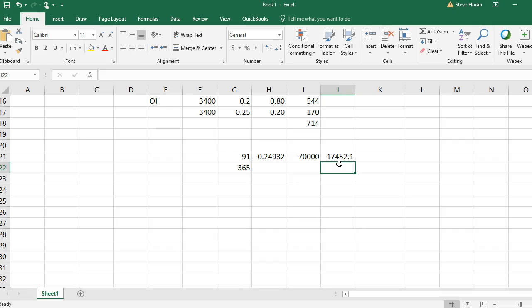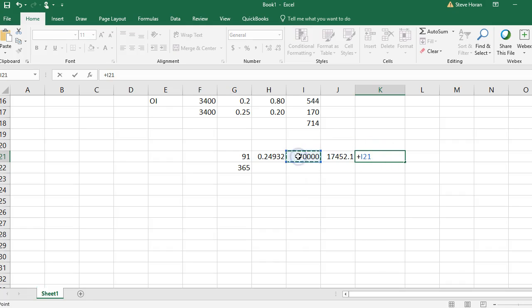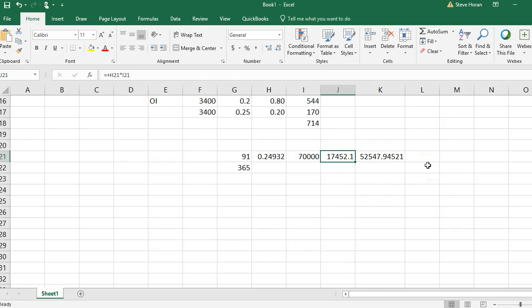So without a short year election, 17,452 of the loss goes to Noelle, and the rest of it just goes to Grayson. So the full 70,000 minus the 17,452 is 52,548. I'm just going to put in 17,452 and force the rounding to 0. So the 52,548 then goes to Grayson.